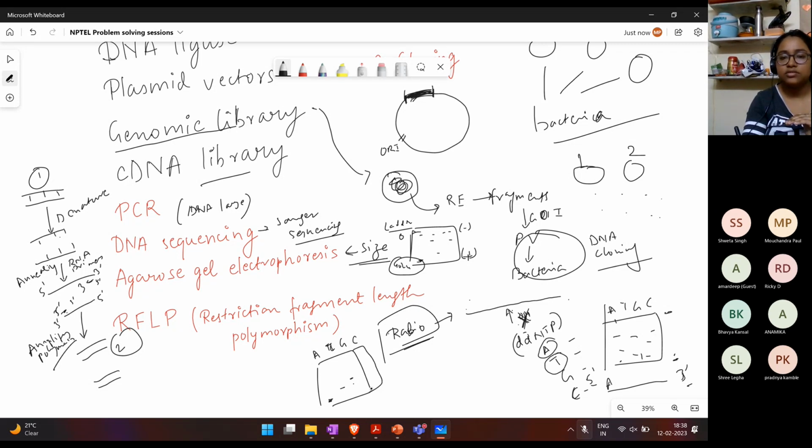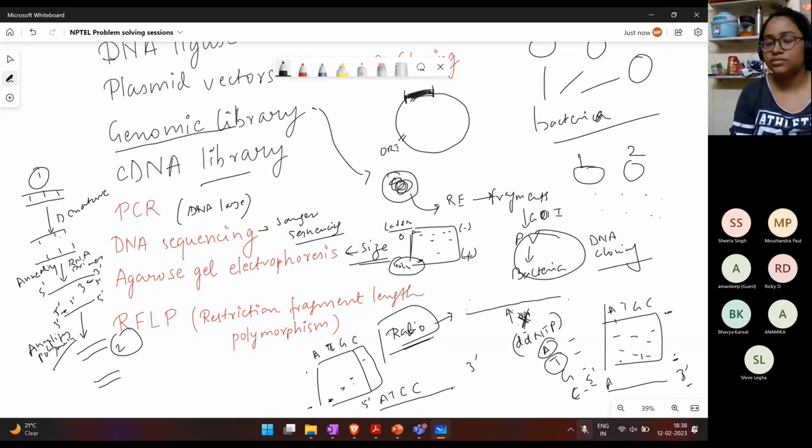This is another lane, and this is C. So you read your 5' end first, which will be your A. And then above that, the second band is for the T, the third band is for G, and the fourth is for C. Like this, you read from the bottom to top, based on where the DNA band is present. In this way, you can deduce your DNA sequence in the 5' to 3' direction. Is it clear?